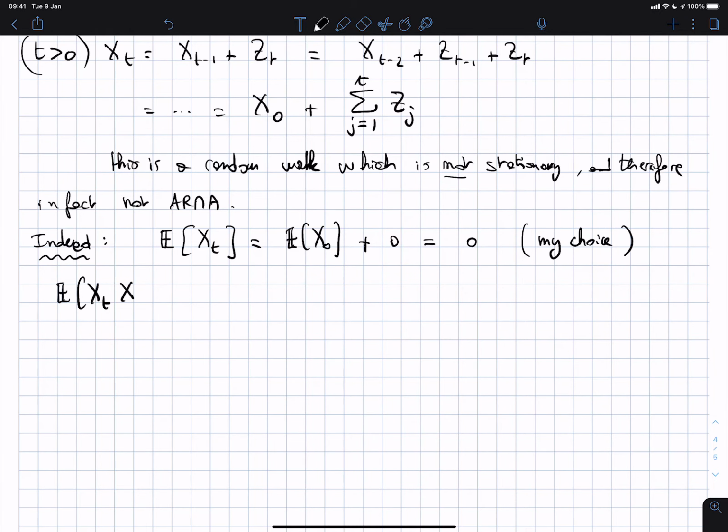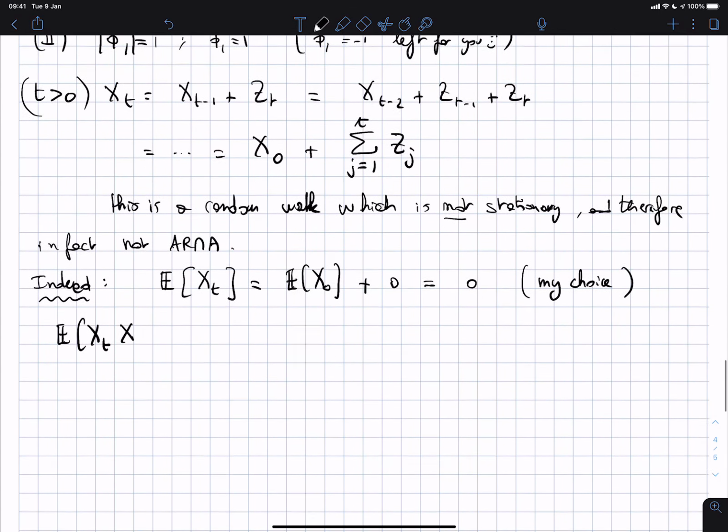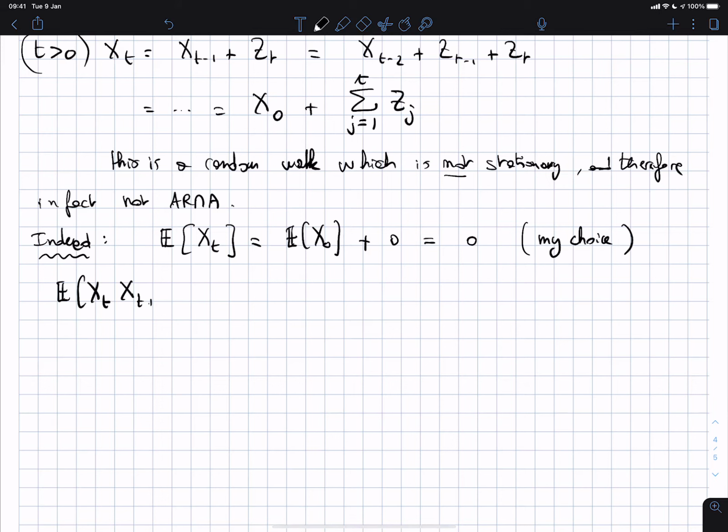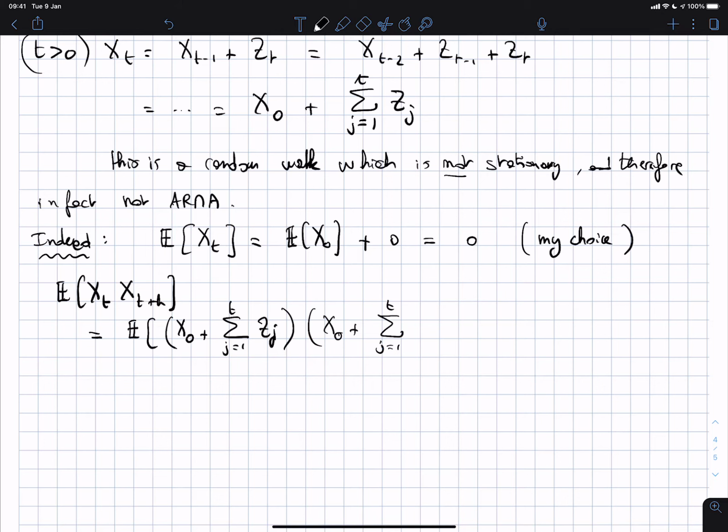So expectation of xt times xt plus h. I now replace by the definition. I'm left with this. I put a j here and an i here.